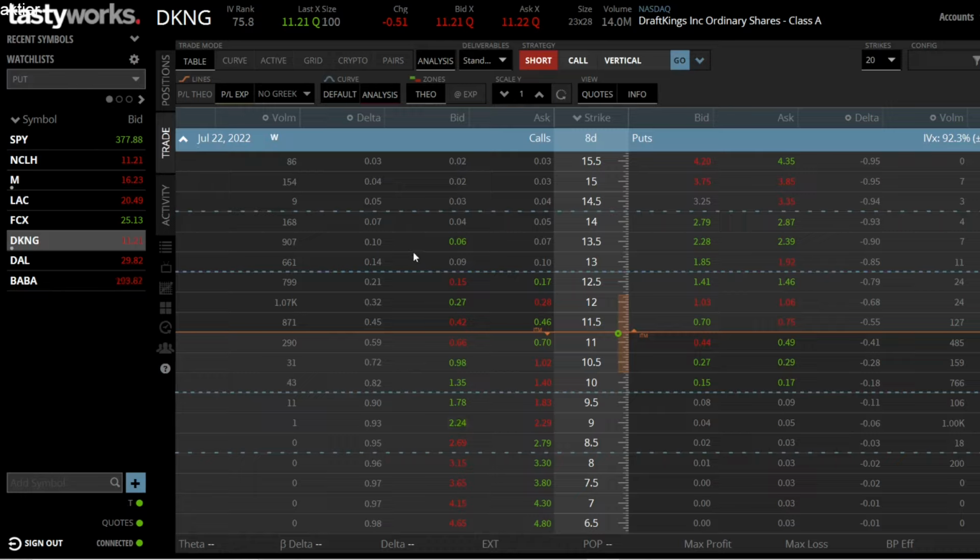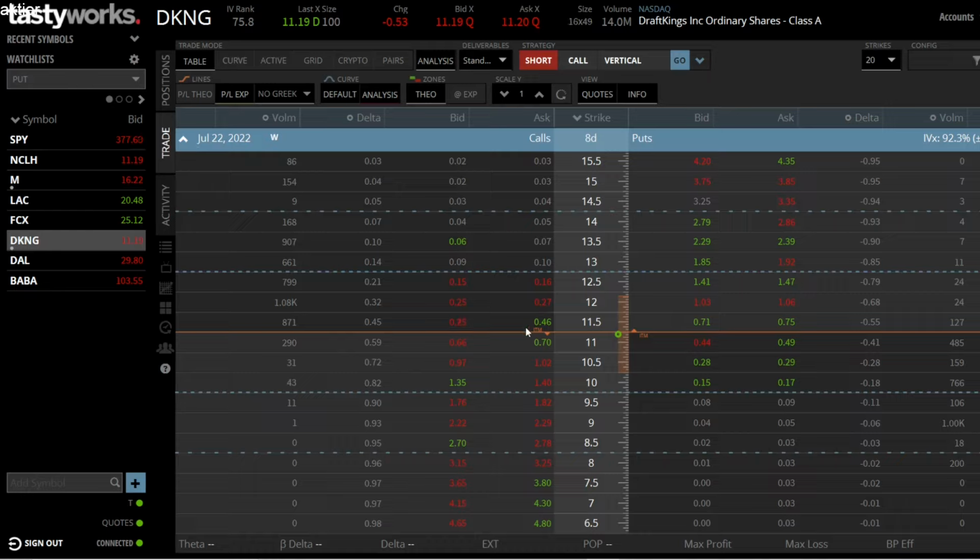On the left side, selling calls means you're hoping the price stays at the same place or goes down. On the other hand, if you sell puts, you hope the price goes up. So we just focus on calls here, on the option chain for July 22.